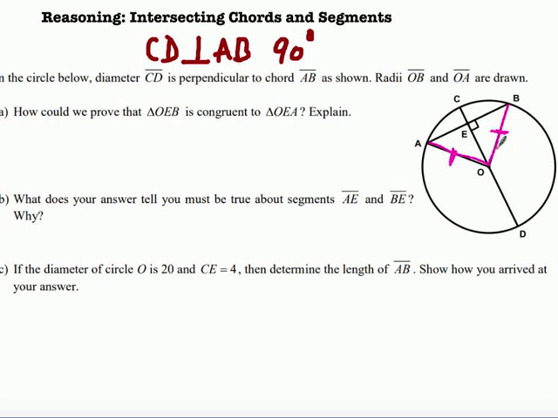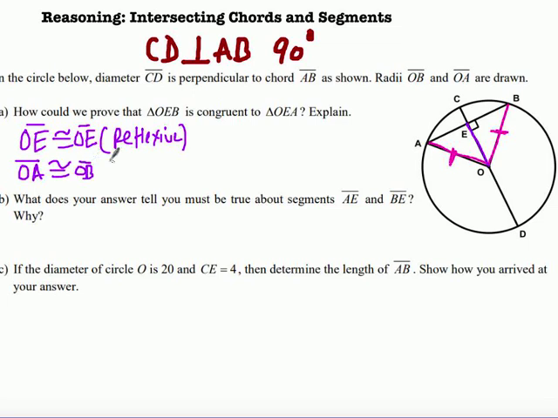We also know that this side of the triangle, OE, is congruent to itself. So OE is congruent to OE because of the reflexive property. We also know OA is congruent to OB because they're both radii and they are equal.